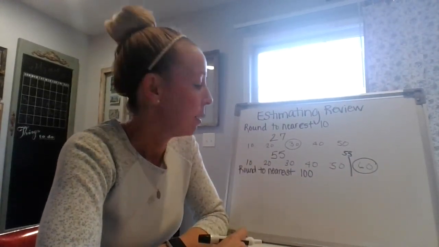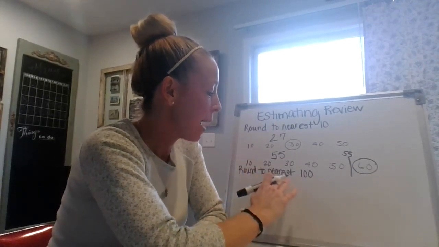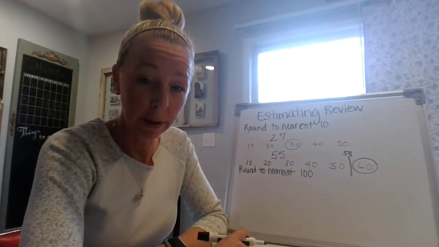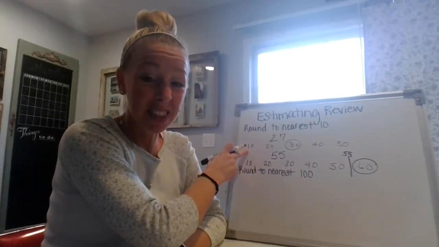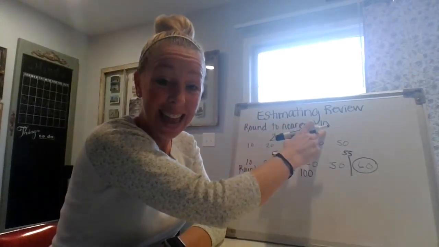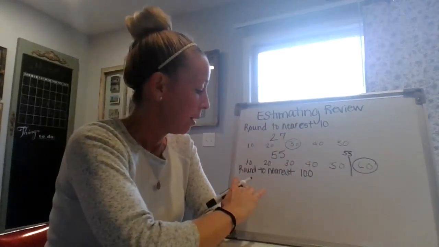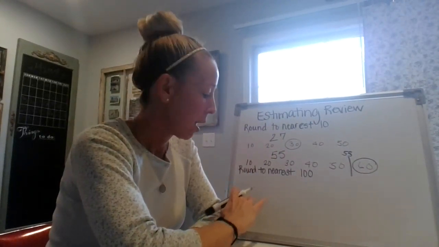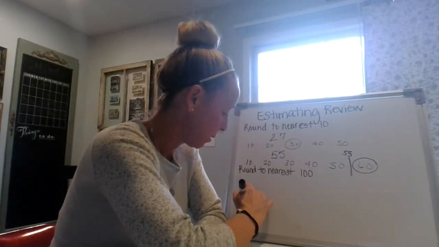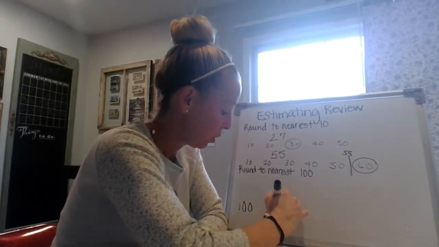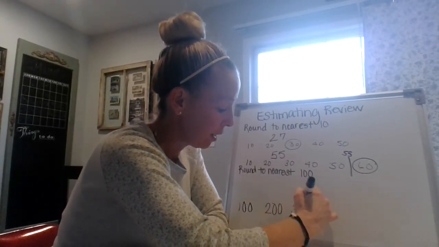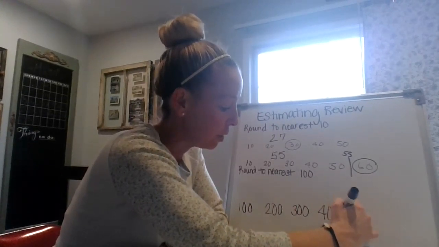If I say round a number to the nearest 100, it's the same thing as rounding to the nearest 10, or estimating to the nearest 10, except now I'm doing it by hundreds. 100, 200, 300, 400, 500. It's the numbers you say when you count by hundreds.